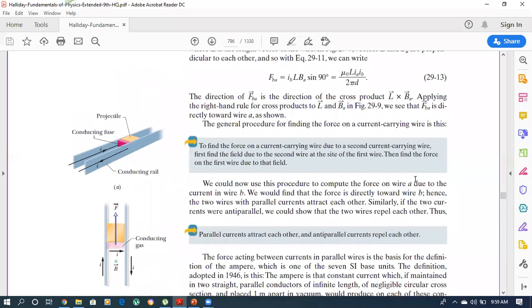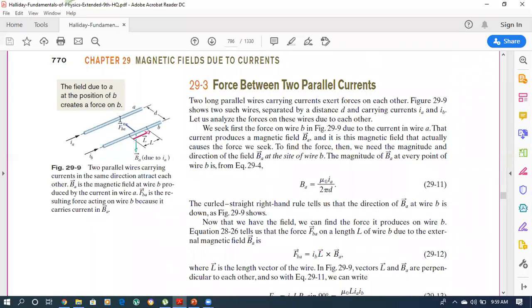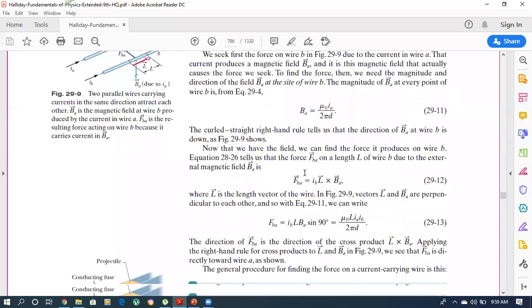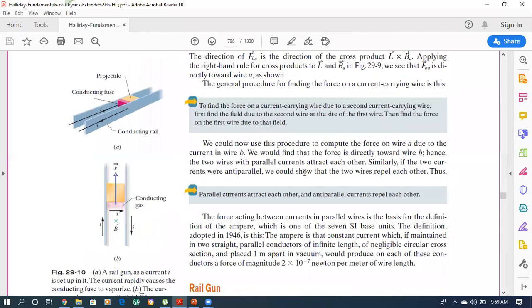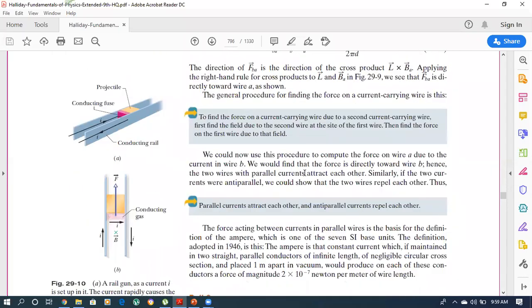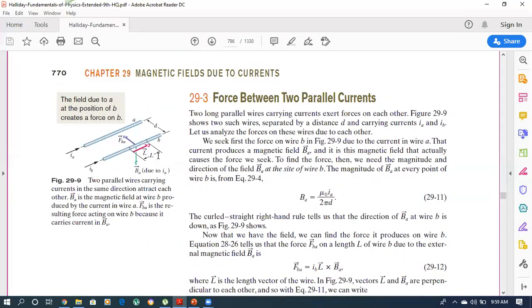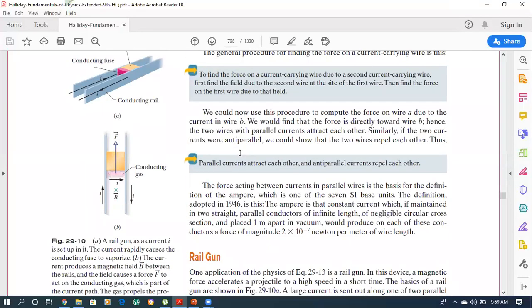The wires are attracting each other, so there will be a weaker magnetic field in between them. Whenever the field is stronger, they are repelling each other, and the currents are anti-parallel to each other.